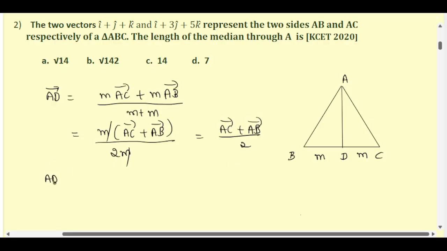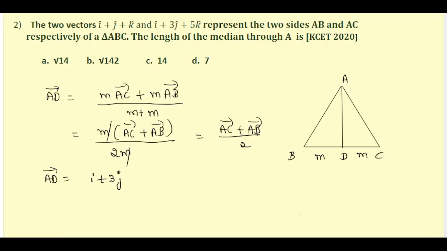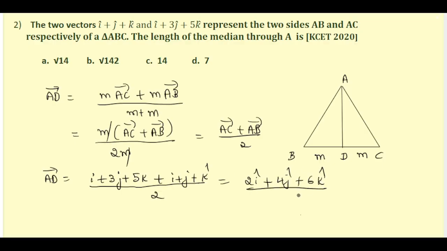So AD vector equal to AC is I plus 3j plus 5k plus I plus j plus k vector divided by 2, which is equal to 1i plus 1i is 2i vector plus 3j plus 1j is 4j vector plus 5k plus 1k is 6k vector divided by 2.